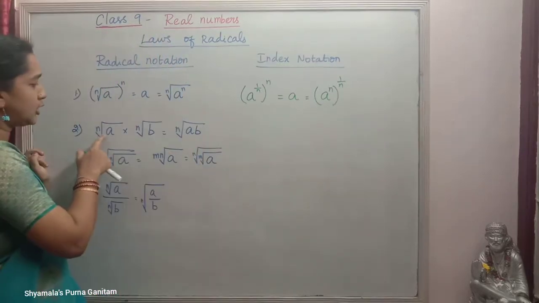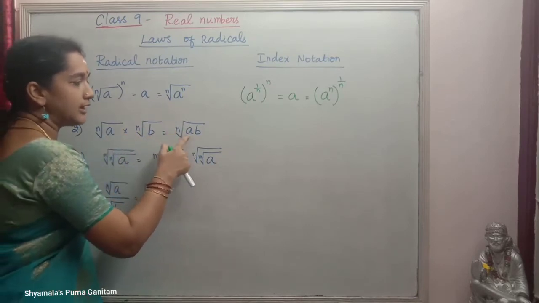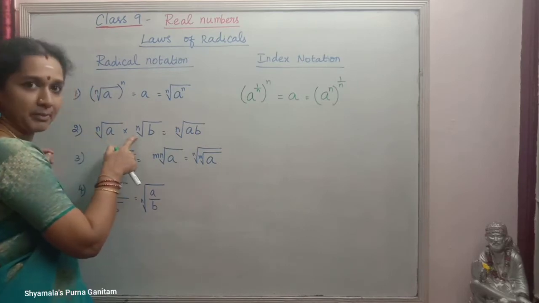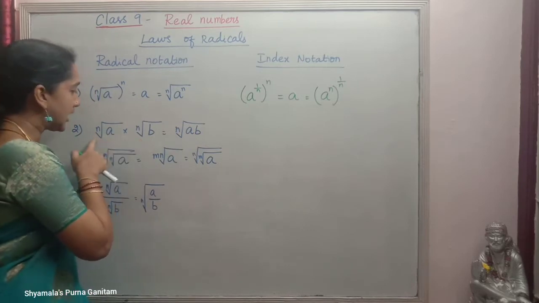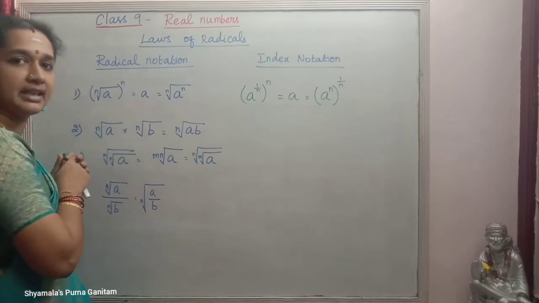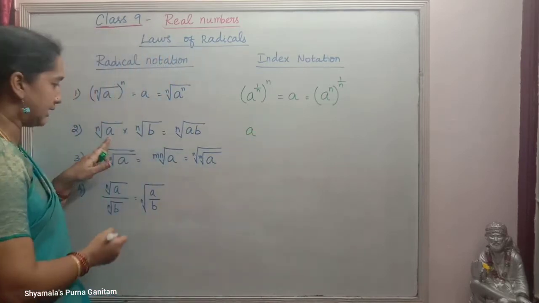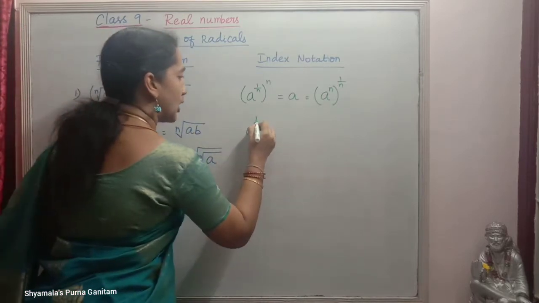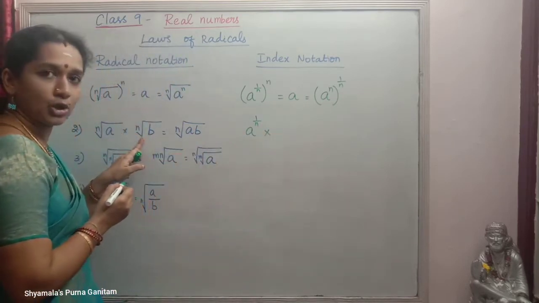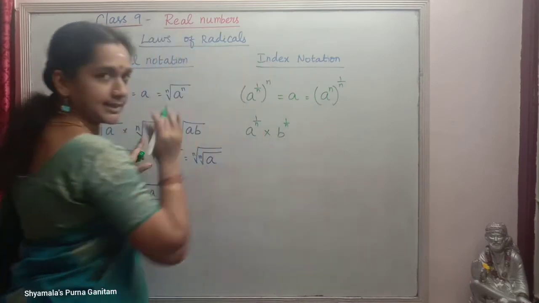Okay. The nth root of a into nth root of b is equal to nth root of ab. The root is having the same number. If we have the root has the same number, we can multiply the number that is in the base. That is, this one we can write, first number we can write as a power 1 by n into nth root of b, we can write as b power 1 by n in index notation.